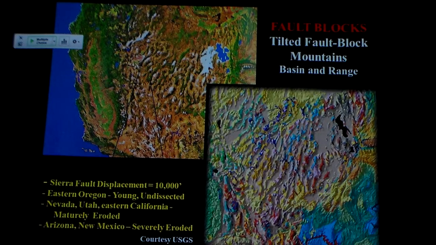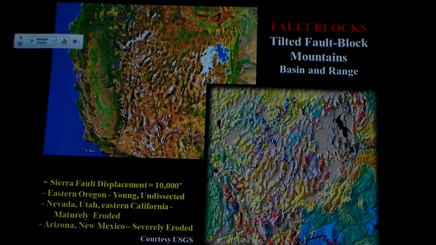The highs are the HORSTs, the valleys are the GRABENs. This whole part, you see, all the way through California and the Great Valley, all the way up through Nevada, Arizona, Mexico, up into actual parts of Oregon and Idaho. All of this is HORST and GRABEN topography.